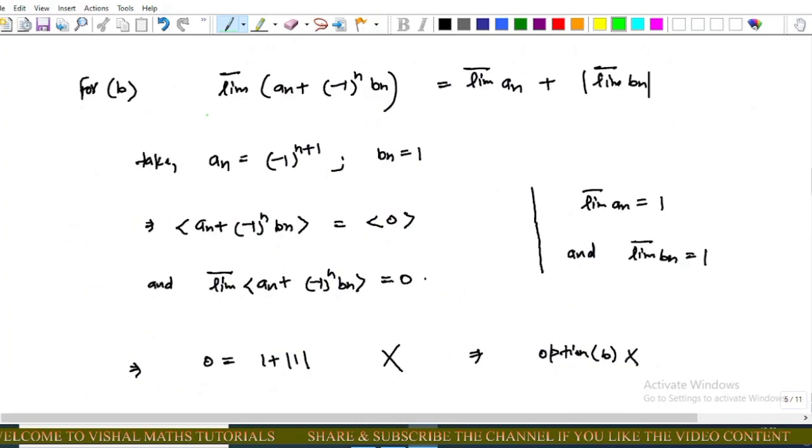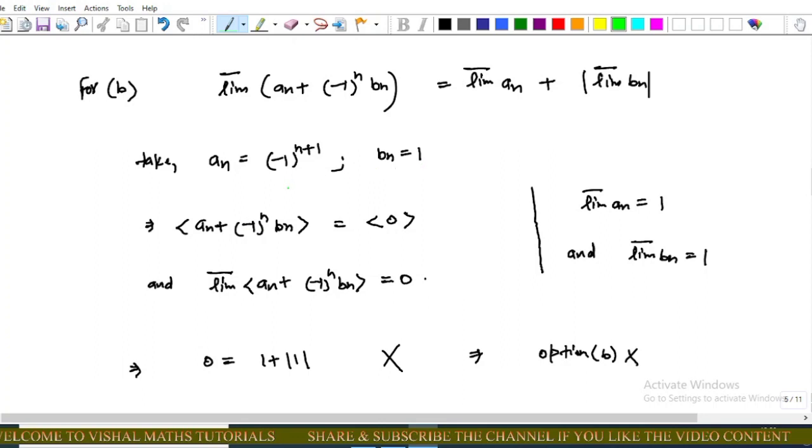For option B, we have given that the limit superior of a_n plus minus (-1)^n b_n equals the limit superior of a_n plus the modulus of limit superior of b_n. Now for this option we take a counterexample, that is a_n equals (-1)^(n+1) and b_n equals 1.